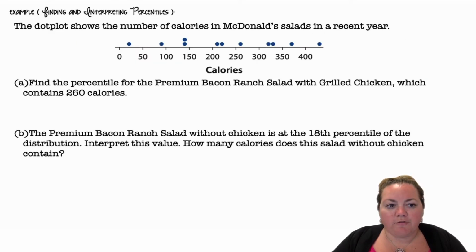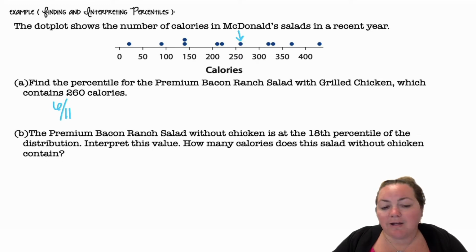All right, our first example, finding and interpreting percentiles. The dot plot shows the number of calories in McDonald's salads in recent years. Find the percentile for the premium bacon ranch salad with grilled chicken, which contains 260 calories. So it's this dot here, the 260 calories, just past 250.